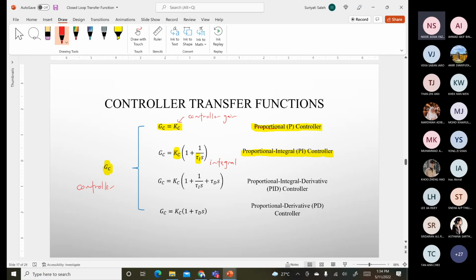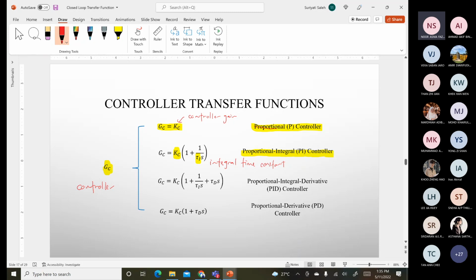I stands for the integral, integration, and the tau, of course, is the time constant. So in this case, you have two parameters, Kc and tau I. The S over there is the Laplace variable.